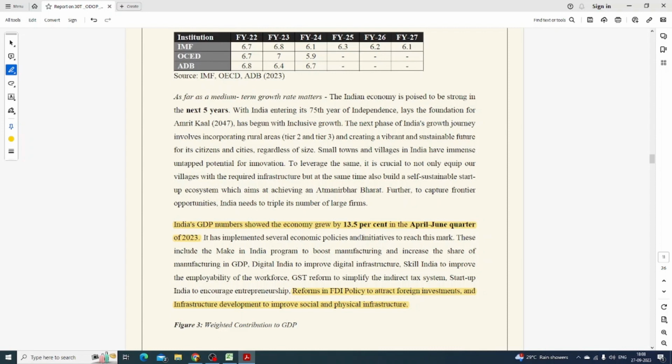India recently started to allow 100% FDI in certain sectors of our country. One of those sectors is the real estate sector. So reforms in FDI policy have attracted more foreign investments. FDIs traditionally help the government in several ways.